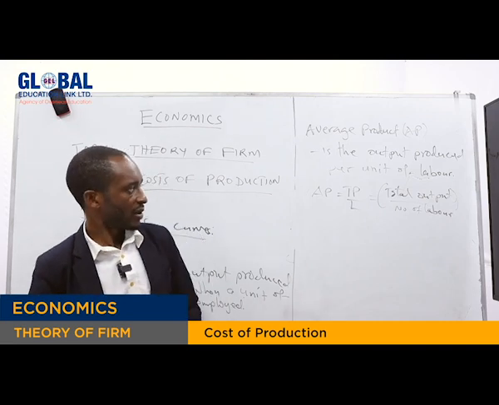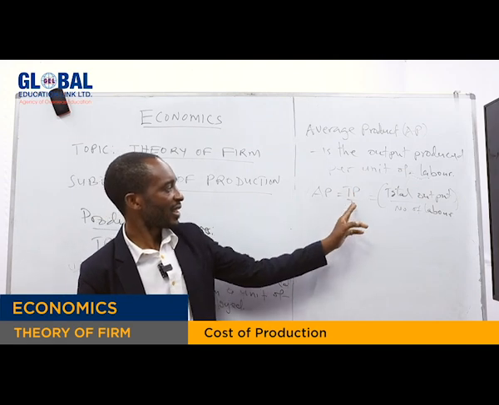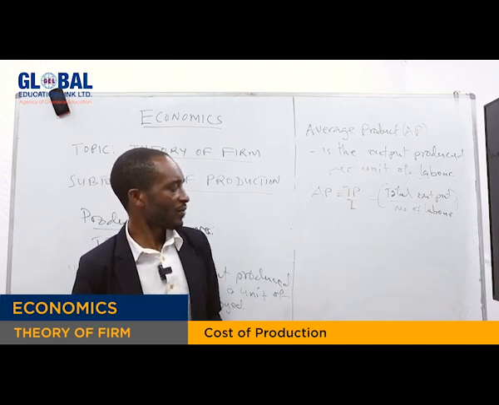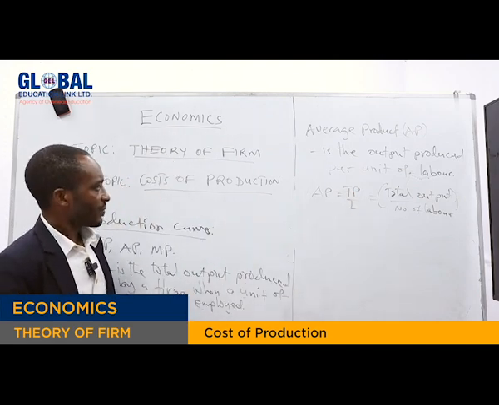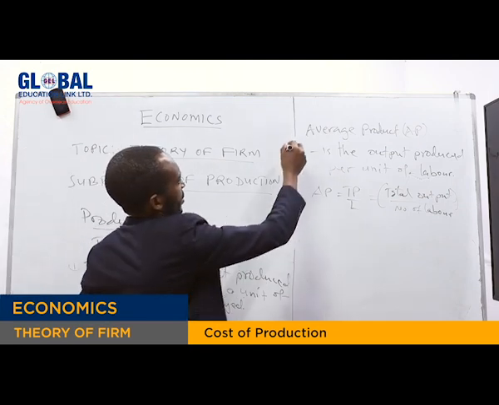So this is how you can find the average product. You take the total product divided by number of labor. Then this is Roman 2.